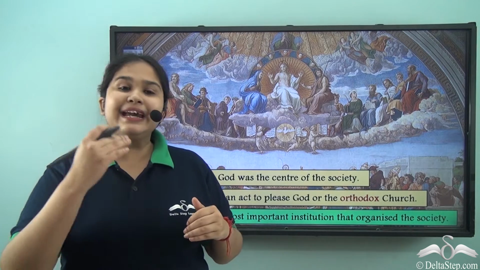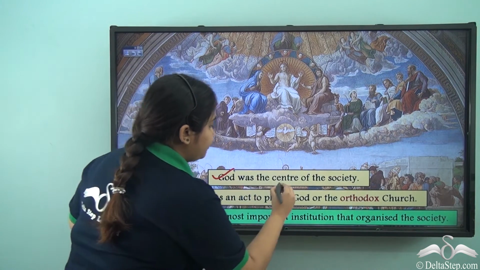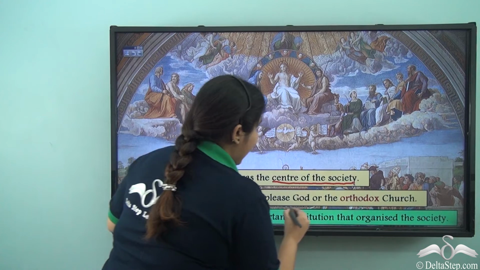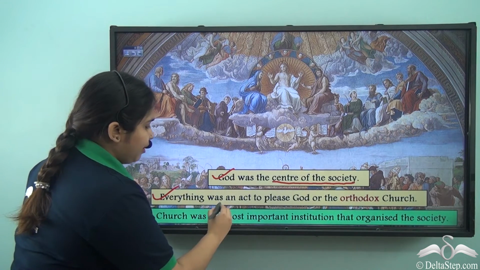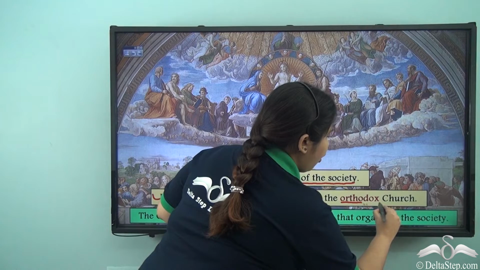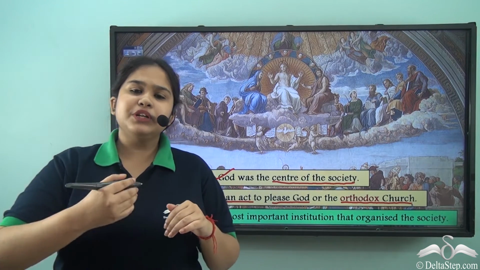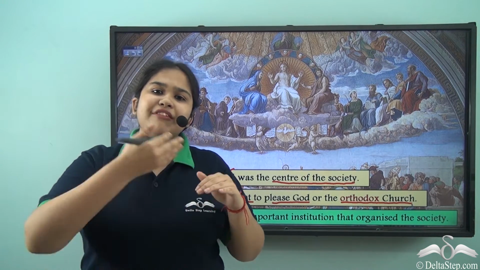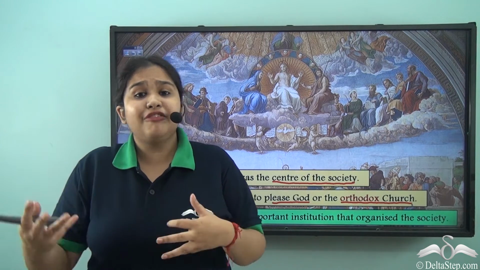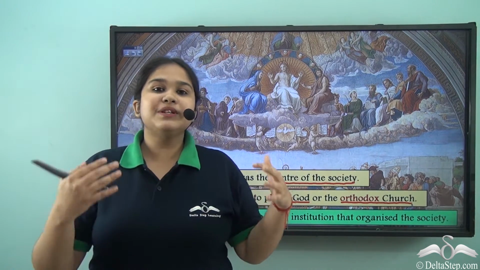So, slowly and steadily, therefore, God became the center of the society. And everything became an act to please either God or the Orthodox Church. So the Orthodox Church, therefore, had a say over everything in life, and in fact in afterlife as well. So from the king to the peasant, everybody was under the church and its dictates.